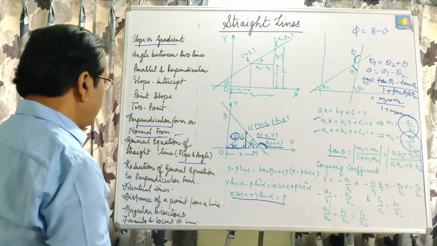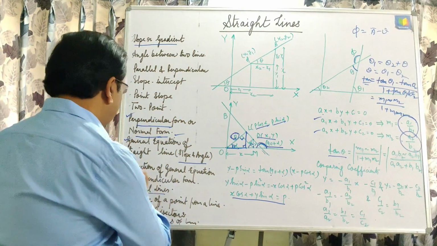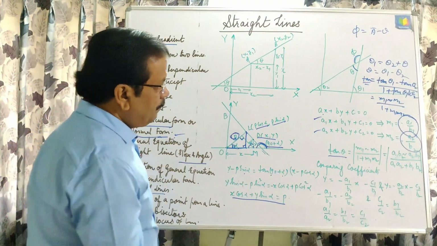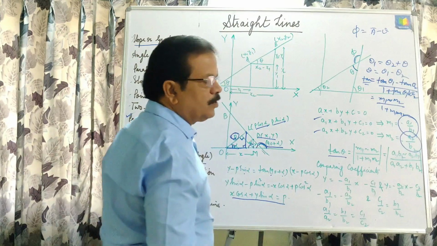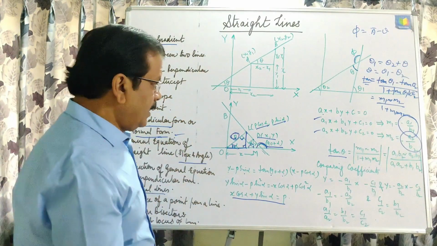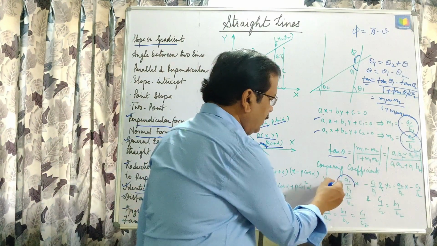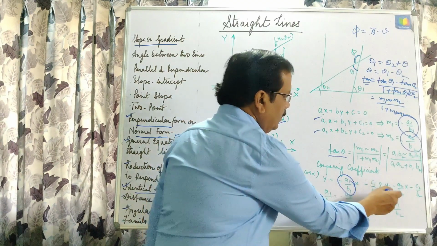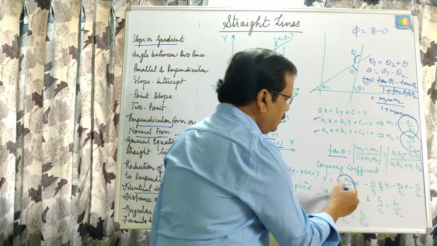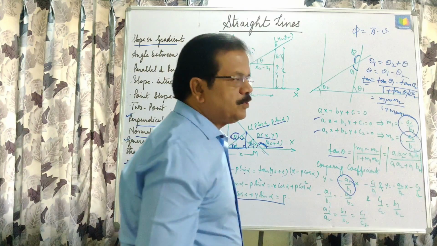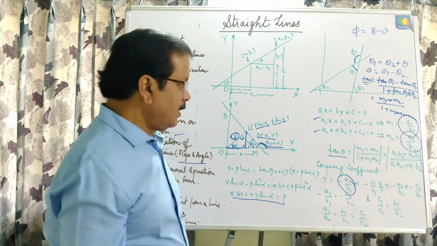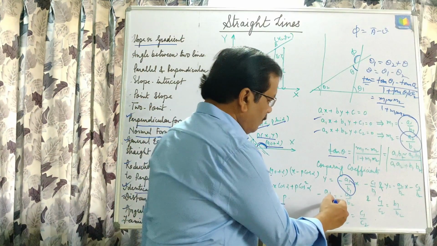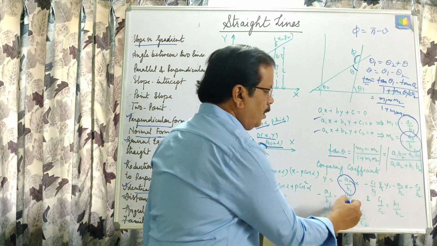Now the next topic, that is identical lines. If we are given these two lines, then write them in terms of y = mx + c, and the slopes of these lines will be -a1/b1 and -a2/b2. Comparing these two, because we are taking these two lines as identical, a1/b1 = a2/b2.